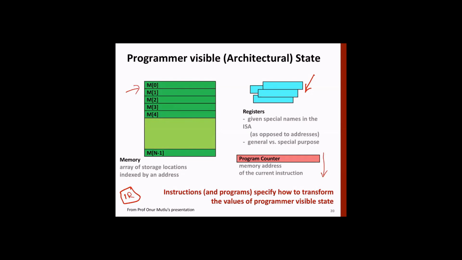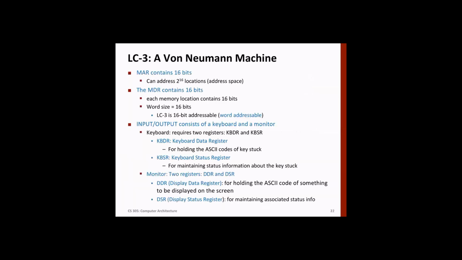All right. With this understanding, let's go into implementation, and we'll now see how a one human machine works. One computer that has been designed is called Learning Computer 3, LC3, at some university.